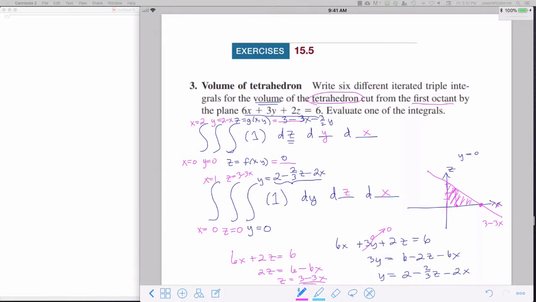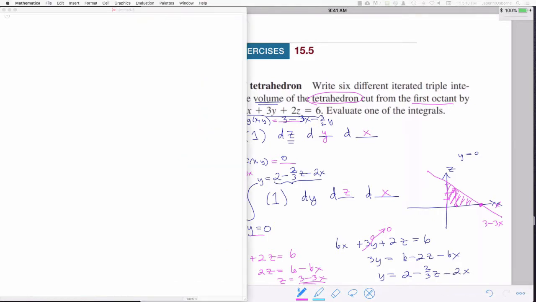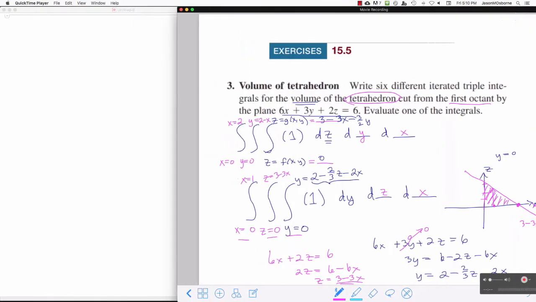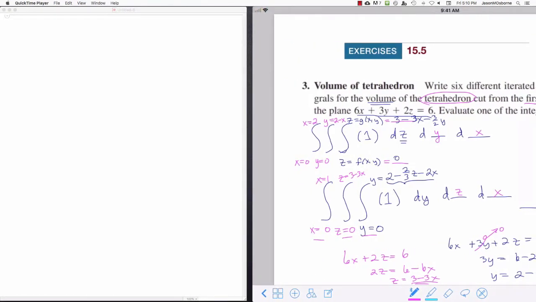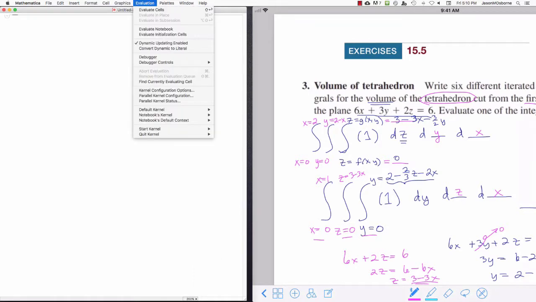Now, if we've done everything correctly, by that I mean setting up the limits of your integrals correctly, these two integrals should give the same answer. So let's double check that now and see how our integrals do.